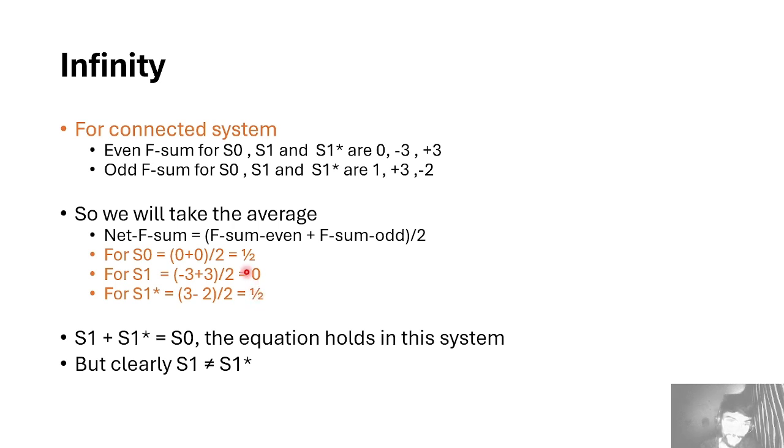So we get the net f sum for S0, S1, and S1 star, and we saw that the net f sum of S1 and S1 star is not the same, they are different, but the equation does hold. When you add S1 to S1 star, you did get 1 by 2, but clearly S1 and S1 star are not equal.